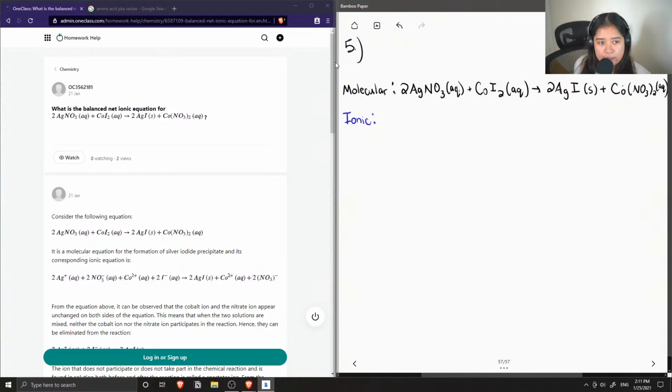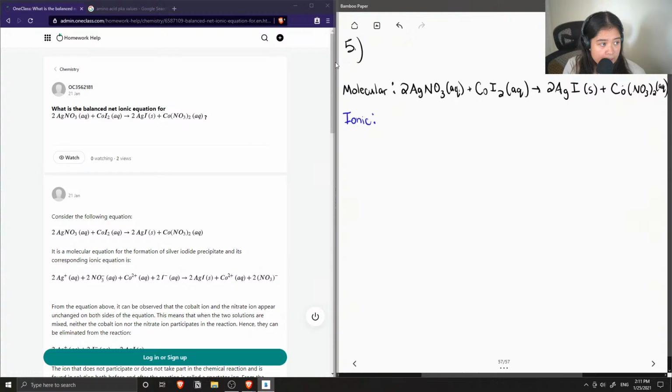So everything in this reaction will be in ionic form, with the exception of the silver iodide, which is a solid. If you have a pure solid, liquid, or gas, then it just stays in its same phase, but everything else will be written as the ions.